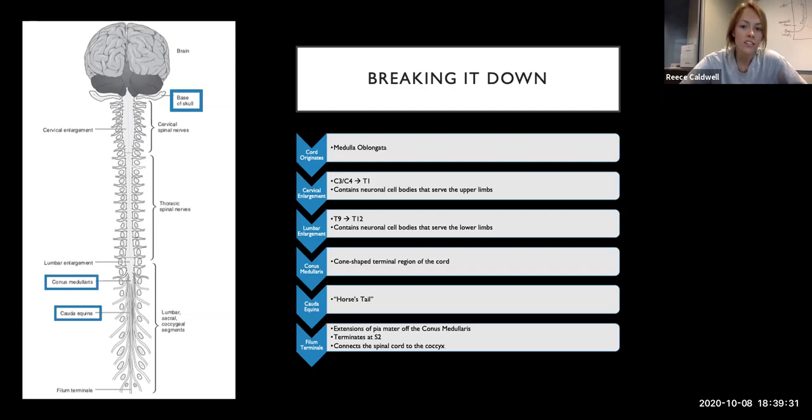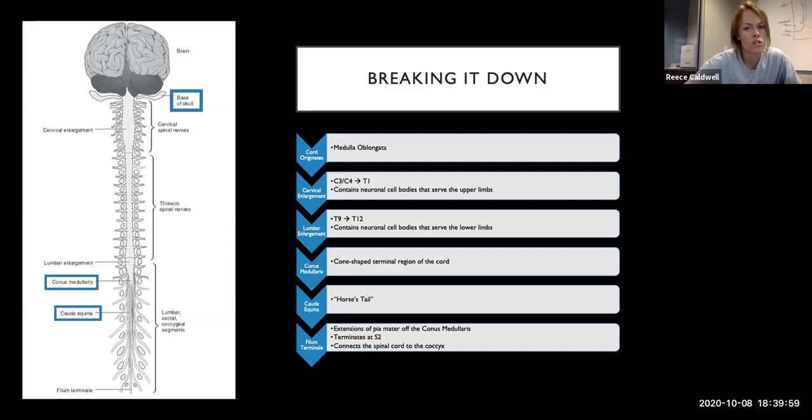From cervical vertebra 3 or 4 all the way down to thoracic vertebra 1, we have the cervical enlargement. And this contains neuronal cell bodies that serve the upper limbs. So the dendrites are out here. They connect to the cell body in the cervical enlargement, and then the axon will come back out.